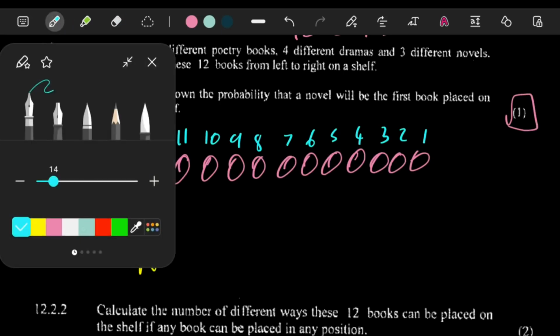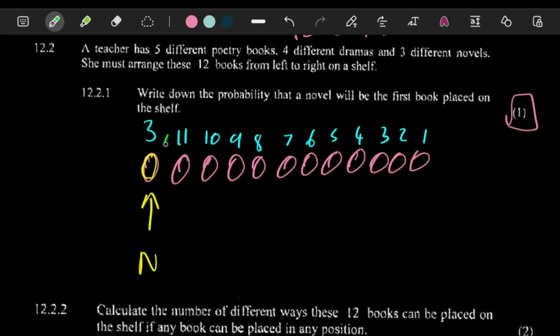So this here that we have gotten is the number of arrangements where your book will be a novel. Let's see what the total here is. And then we're going to need to put that over 12 factorial, and I'll mention why just now. So this answer here is 11 factorial times 3.